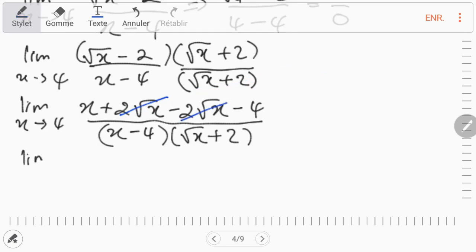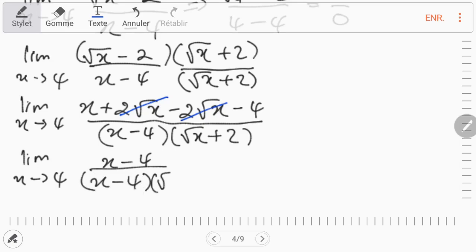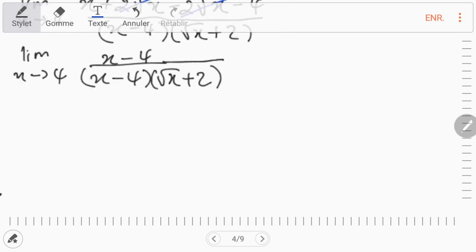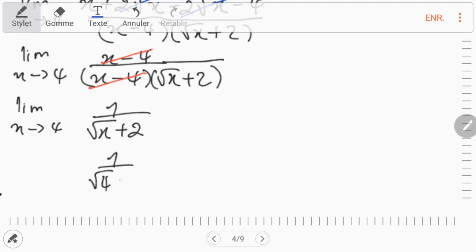You continue as the limit as x approaches 4 of x minus 4 all over x minus 4 times root x plus 2, which is the same as the limit as x approaches 4 of 1 all over root x plus 2, because this value cancels this. Substituting x, you obtain 1 all over root 4 plus 2 equals 1 all over 4.